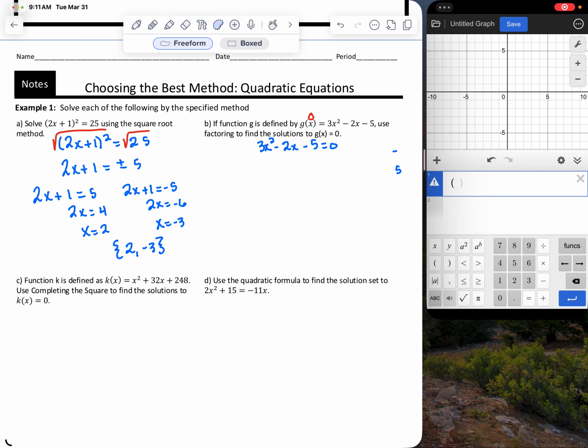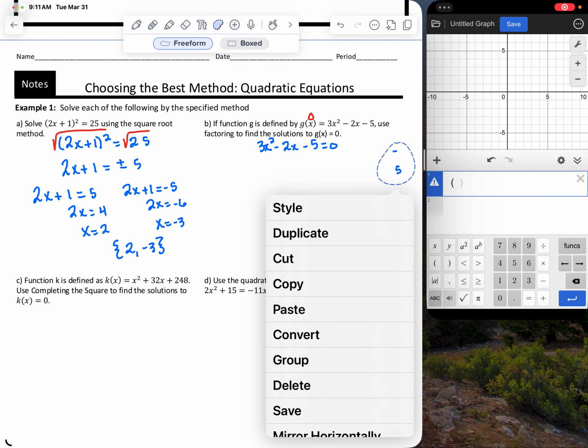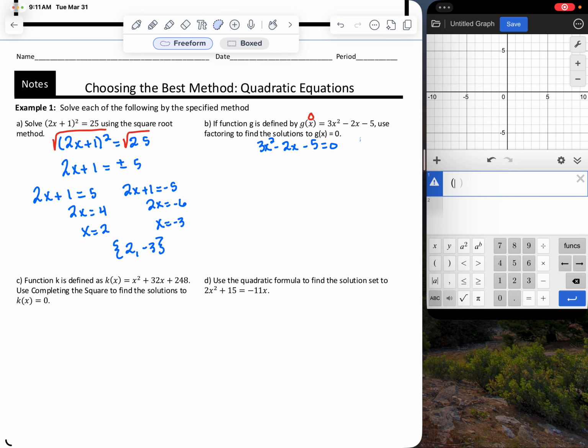Now I'm going to be using the AC method for factoring. So for my AC, A is 3, C is -5. The product of 3 and -5 is -15. I'm going to make a list of factors, ignoring the negative: 1 and 15, 3 and 5. Then you ask yourself, which of these factor pairs could you use to get -2?